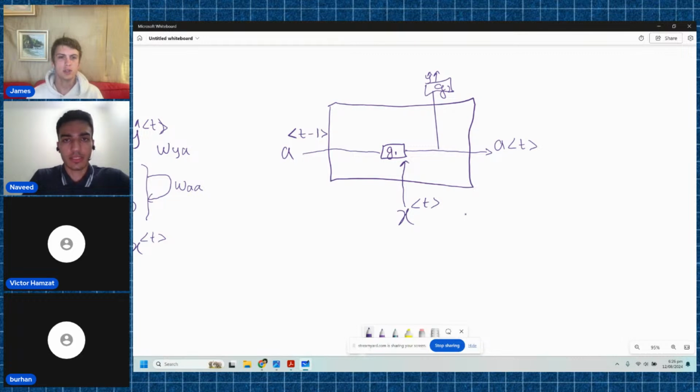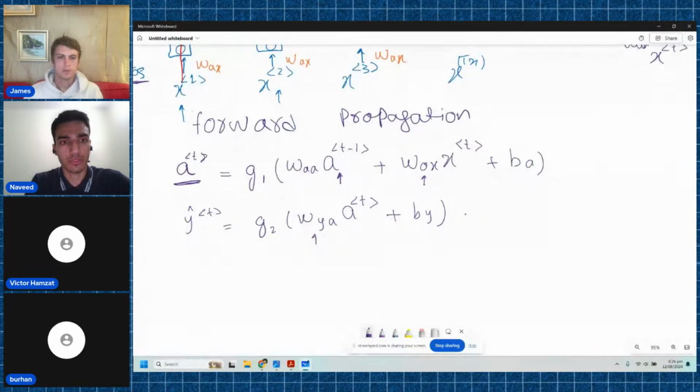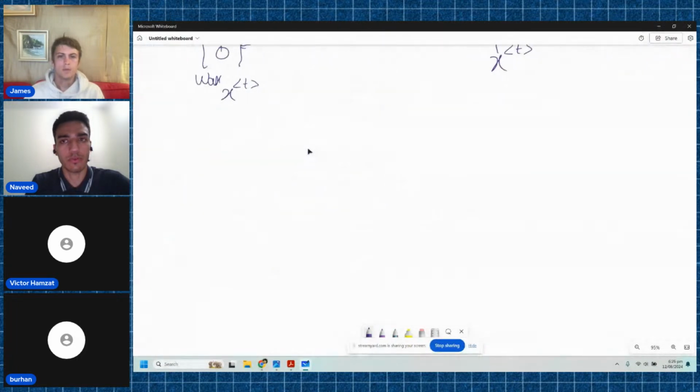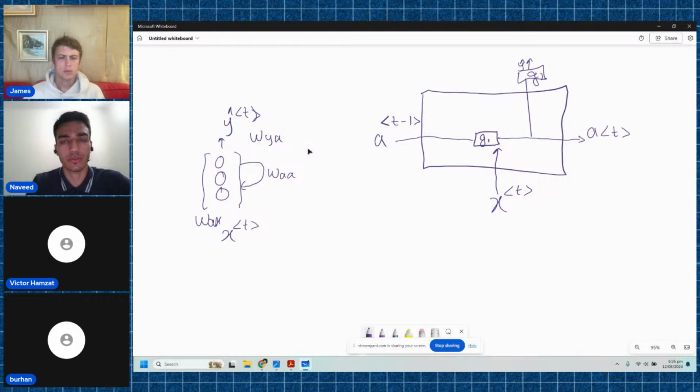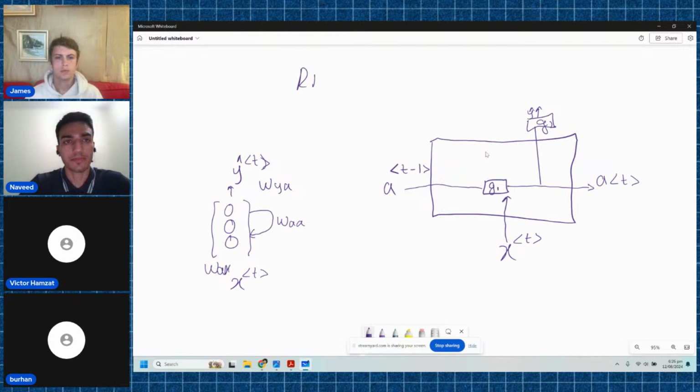This is exactly the same thing as the equations I demonstrated. So if equations are easy for you to understand, you can literally stick with the equations. But if you are a more visual person, you can also understand it through this diagram. But this is the simple RNN architecture, the simple recurrent neural network.